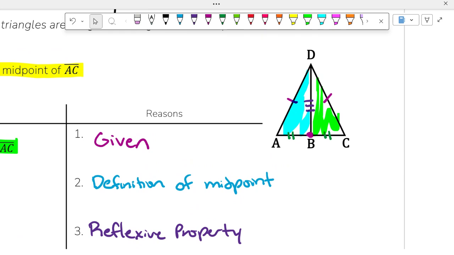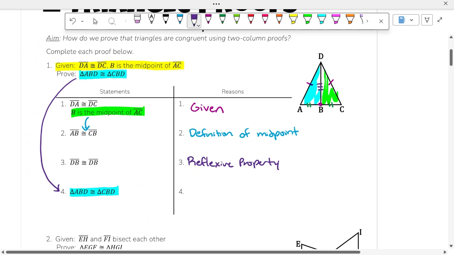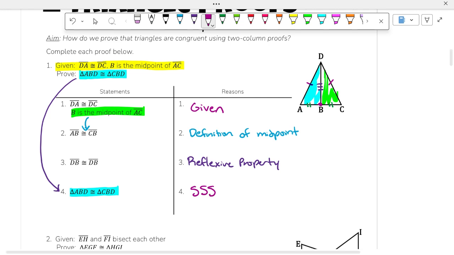So what's marked? Do I have sides marked? Do I have angles marked? We have only sides marked. What's the only postulate that deals with strictly sides? Side, side, side. And that's what they're congruent by. So literally, all we state for our last one is SSS, because that's why they're congruent.